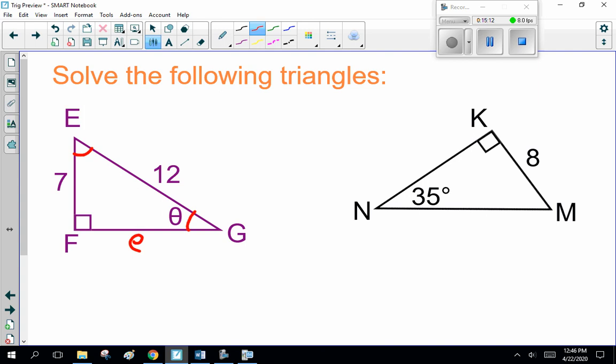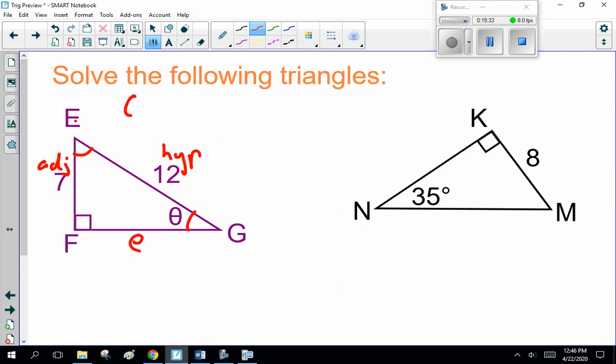Off the bat, I'll do this one with you, then I'll pause the recording and you do the next one. And there's more than one way to solve this. I'm just going to solve for angle E first. For angle E, this is the hypotenuse, and this is the adjacent.